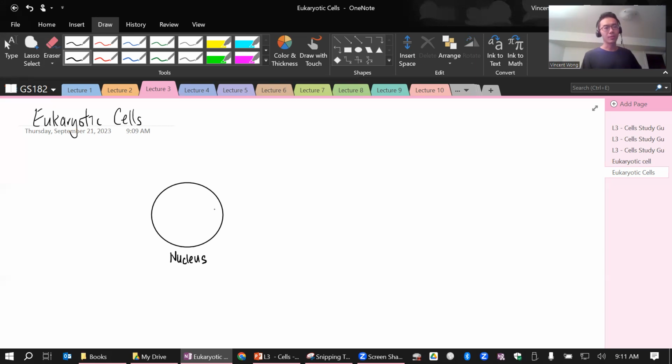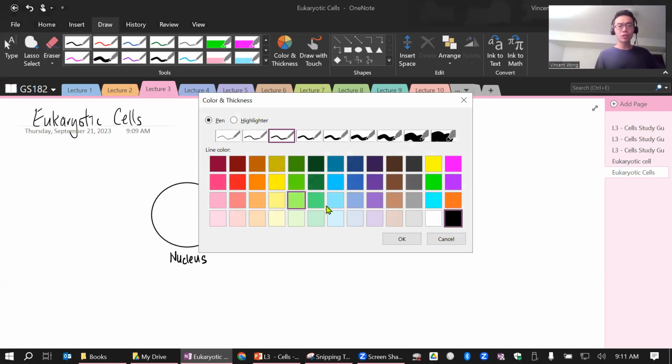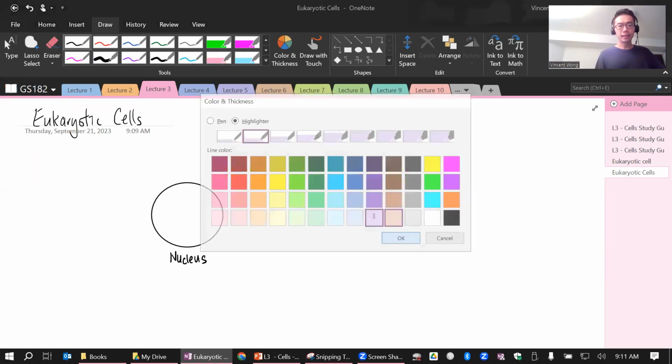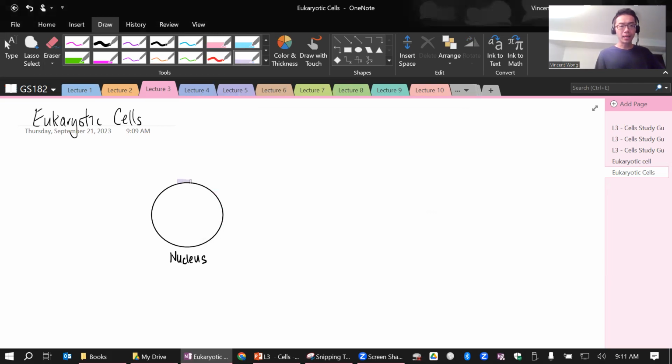Here's the nucleus. Now, the nucleus is actually surrounded by a membrane, but the membrane is not going all the way around. The membrane has a little bit of gaps in between, like that.